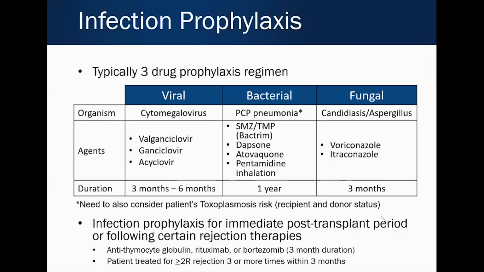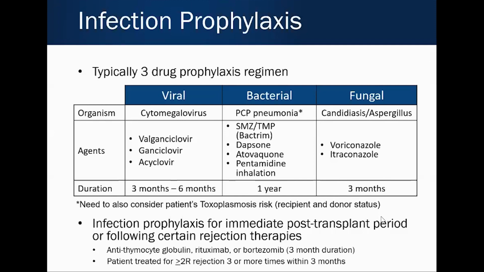We also look at a patient's toxoplasmosis risk, so looking at recipient and donor status. If the patient is toxoplasmosis IgG positive, and or there's a mismatch where the donor is positive and the recipient is negative, Bactrim is absolutely our preferred, just because of its activity also to inhibit toxoplasmosis.